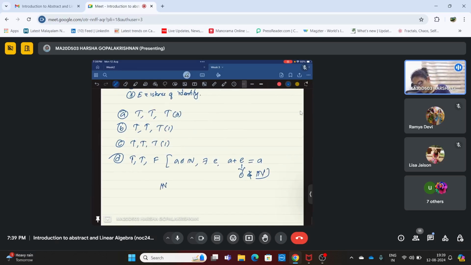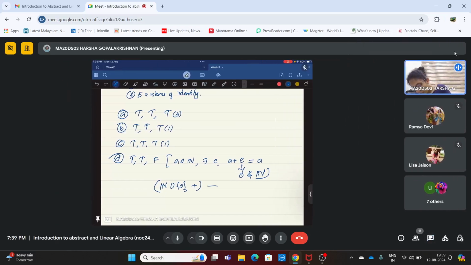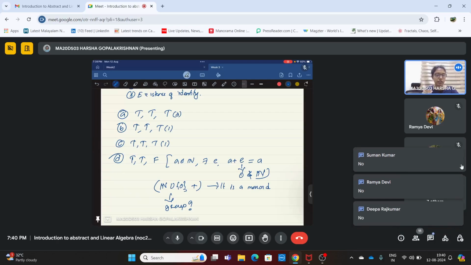So in case I am taking the 0 together, now is this a monoid? Yes, now in this case it is a monoid. Is this a group now? No, because we have seen all the three properties hold, but the last property, existence of inverse, is not there.